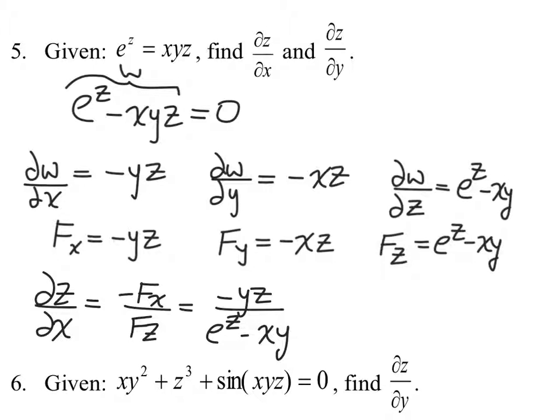All right, and that's what you would get if you took the derivative of this implicitly. So you would take the derivative of this, e to the z times the derivative of z with respect to x, so dz dx, minus each of these treated as a variable, so product rule.